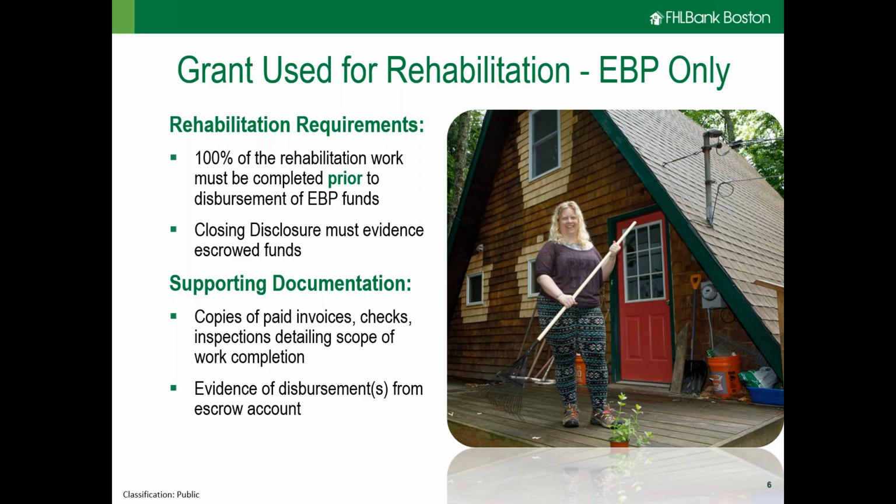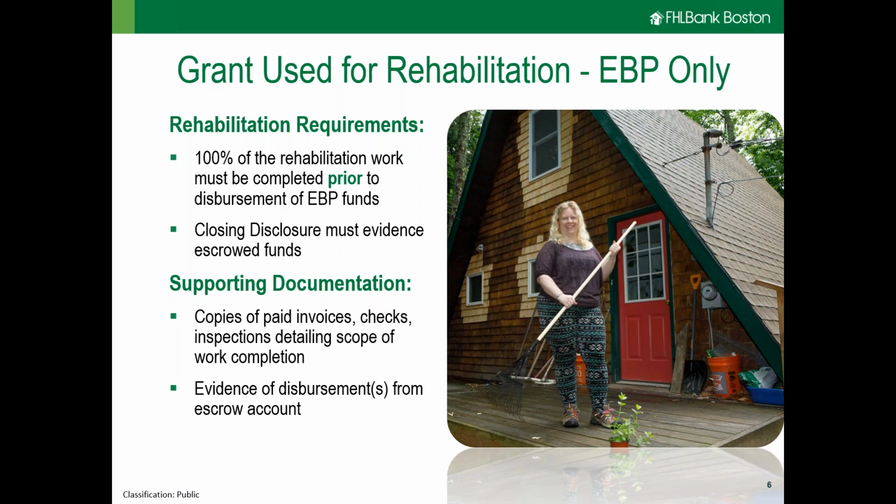Additionally, we need supporting documentation, which can be noted in our procedures, and that entails copies of the invoices, any checks, and inspections that detail the scope of work, or an appraisal showing the completion.